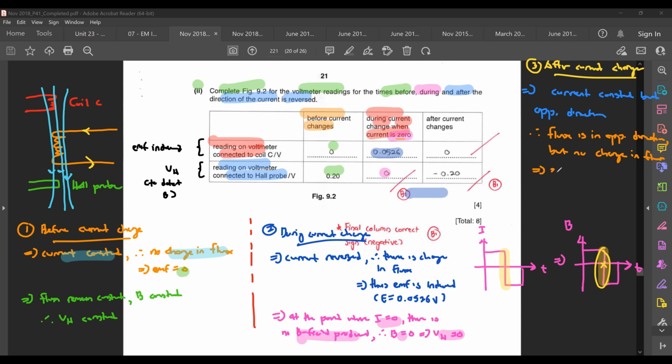So your EMF would be zero because there's no change in flux. That's why you get zero right over here.